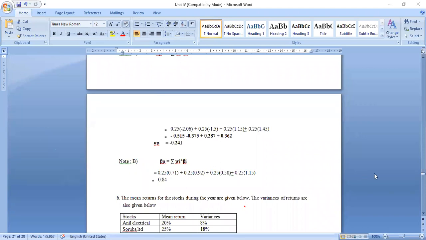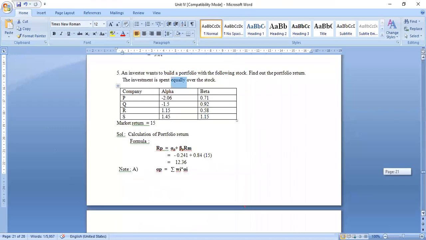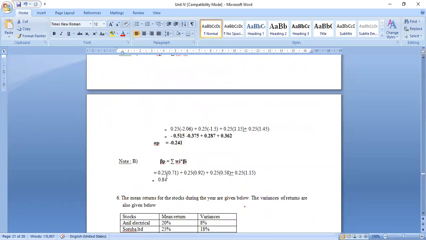So 0.25 into the values of the individual betas, that is 0.71, 0.92, 0.58, and 1.15. So here you have 0.25 into 0.71 plus 0.25 into 0.92 plus 0.25 into 0.58 and 0.25 into 1.5. The summation of all these individual beta values with the weights will give us the value 0.84.